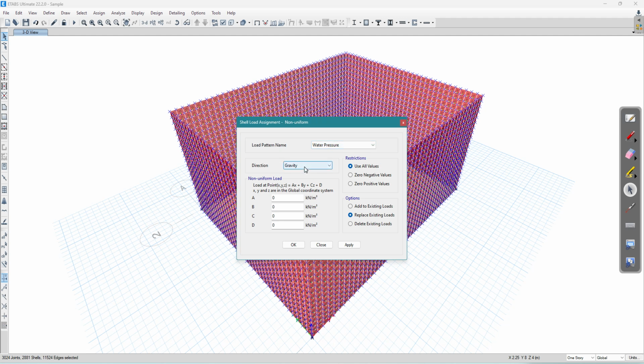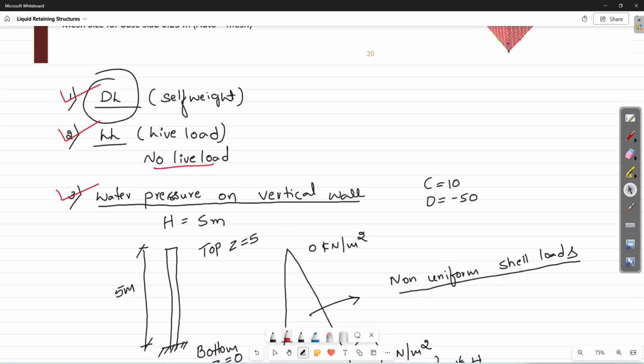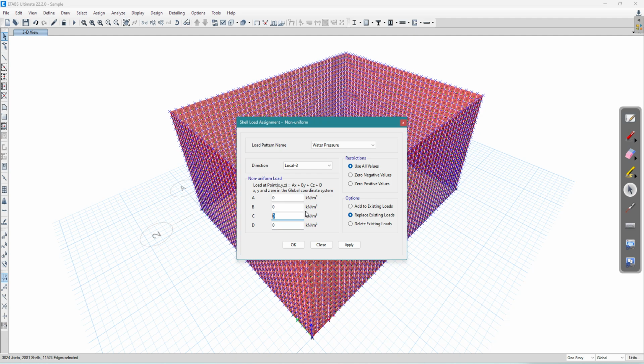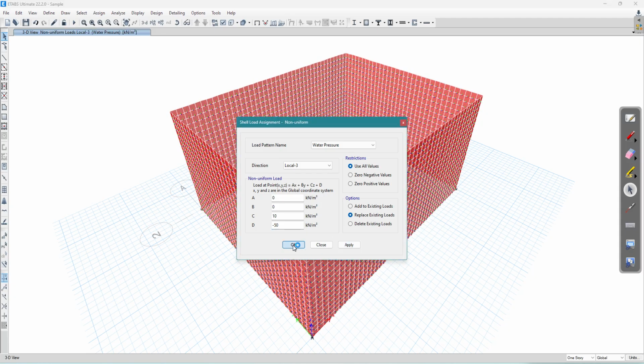In which direction? Your direction should be local 3. So A value is 0, B value is 0, your C value is 10, D value is minus 50. So you click on apply, OK.